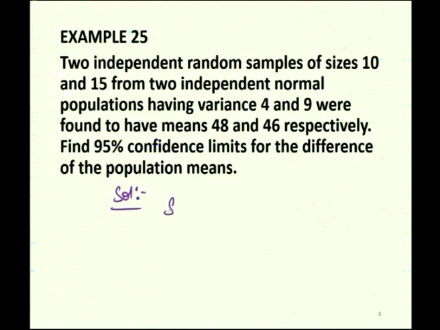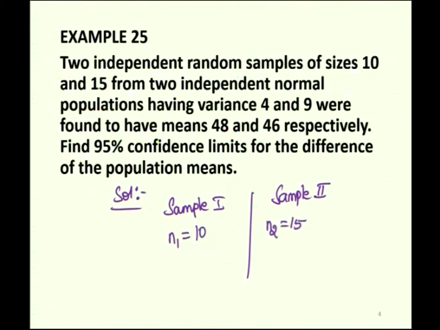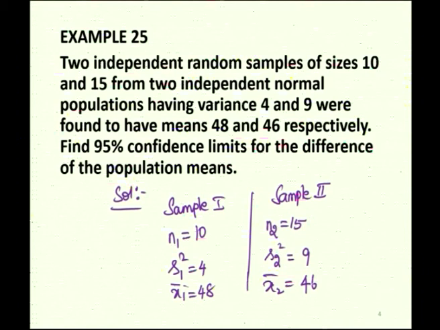Here, n1 is 10 and n2 is 15. S1 square is 4, S2 square is 9, and x1 bar is 48, x2 bar is 46. We have to find the 95% confidence limits for the difference of population means.